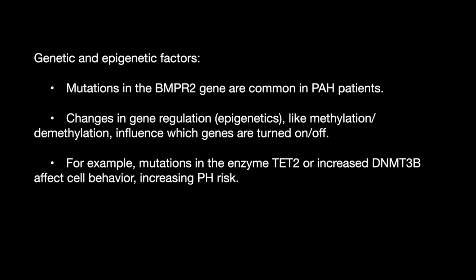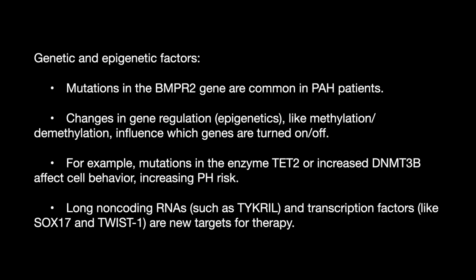For example, mutation of the enzyme TET2 or an increase of DNMT3B affects the cell behavior, increasing the risk of pulmonary hypertension. Long non-coding RNAs like TYKRIL and the transcription factors like SOX17 and TWIST1 are new targets of therapy.